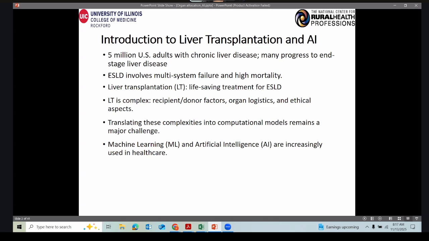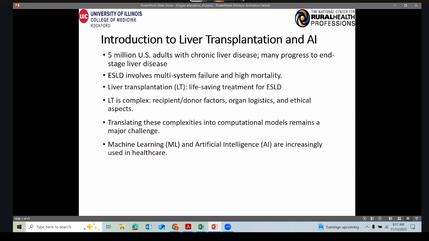That is exactly where artificial intelligence and machine learning come in. These technologies can analyze large amounts of clinical, laboratory, and imaging data together to uncover hidden patterns, helping us predict outcomes such as waitlist mortality, post-transplant survival, or even optimal donor-recipient match.